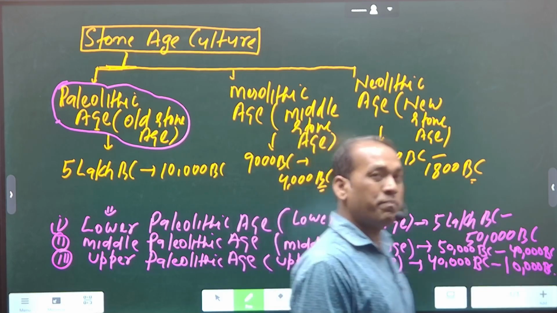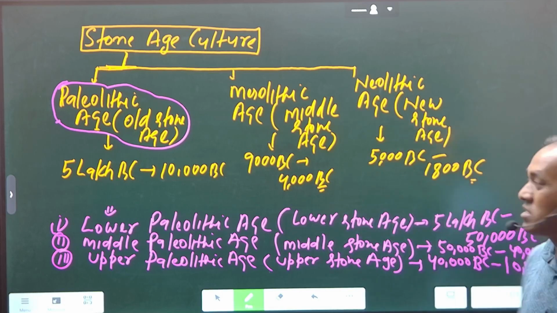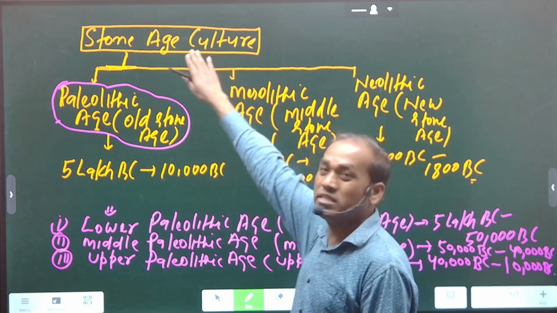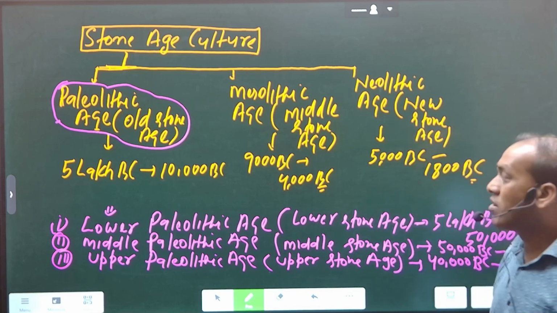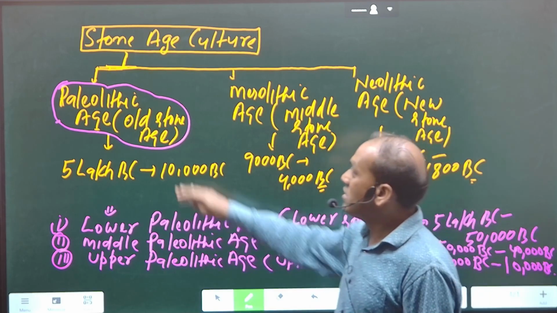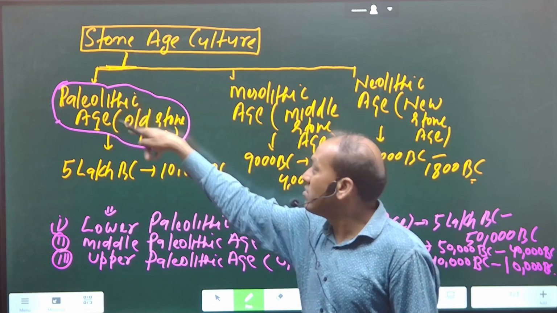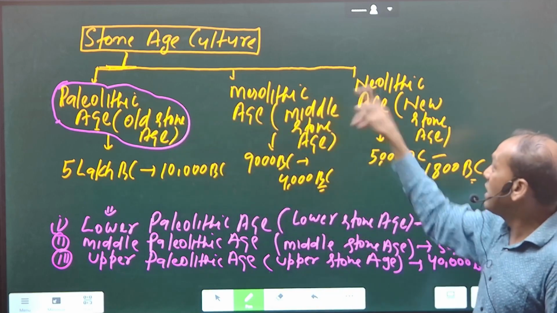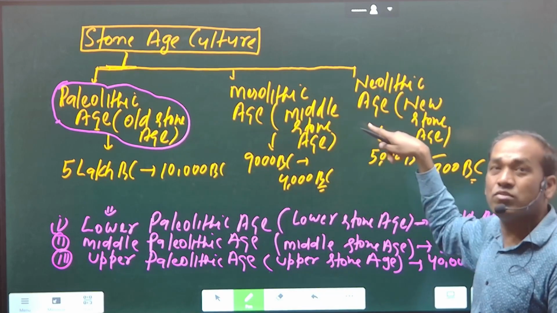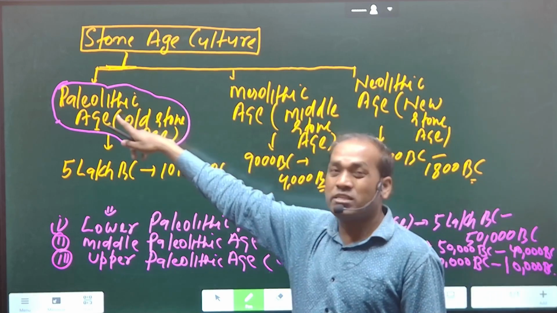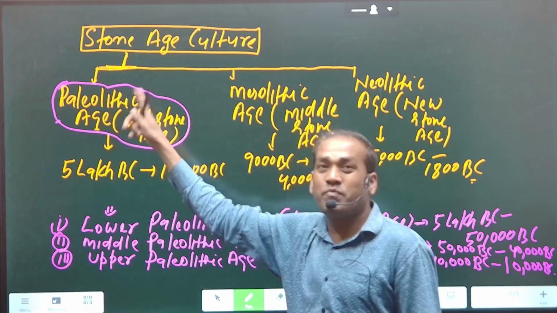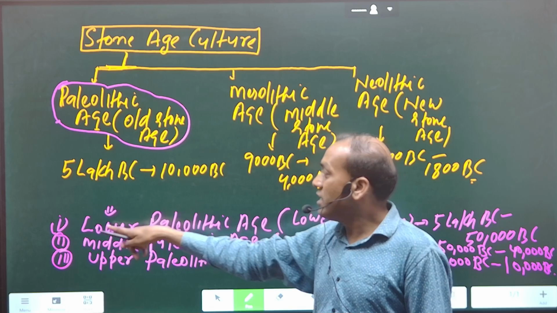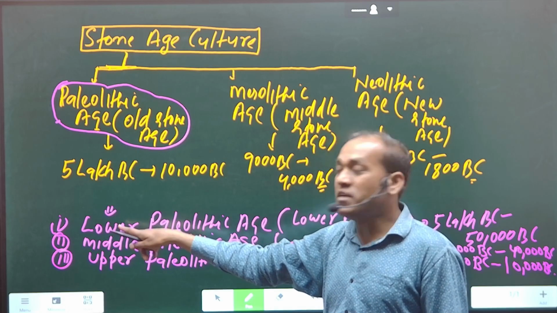In order to study Stone Age culture, this is broadly divided into three main parts: Paleolithic age, Mesolithic age, Neolithic age. Again, Paleolithic age is divided into three different parts.